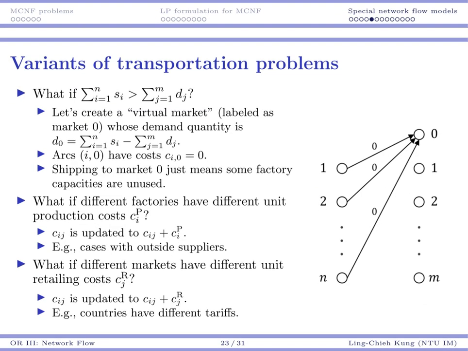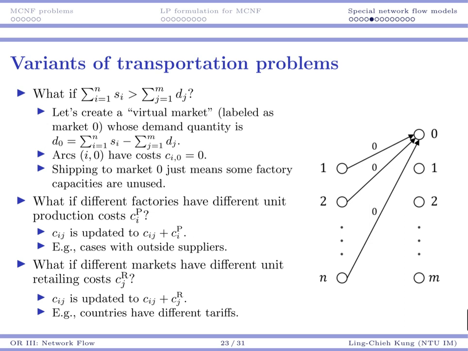Obviously we need to take care of some variants. For example, it's possible that the sum of S_i is greater than the sum of D_j. That means the total capacity is enough to satisfy all the demands, and you don't need to use all of it. In this case, you may still consider it as an MCNF because all you need to do is create a virtual market where the demand size is the difference between the capacity and the true demand.